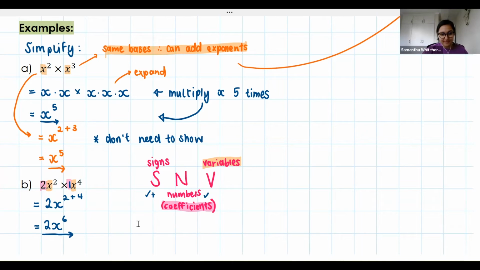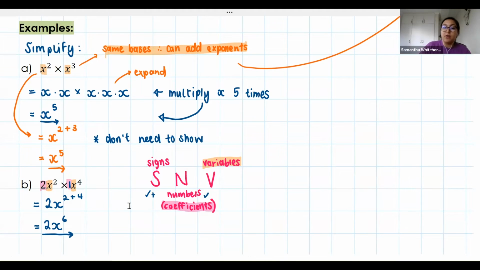Ma'am, I would like to ask, why don't you need to show a positive sign in front of the number? Okay, so good question. If it is the first number or the first term that we're writing down of our expression, we only need to put a sign there if it's negative. But if it is a positive term, then we don't need to write down a positive.